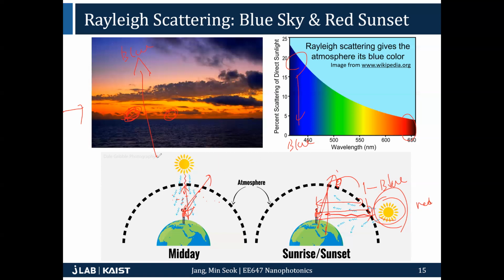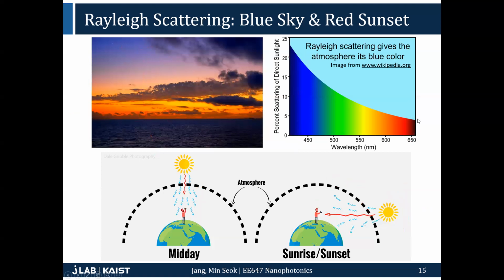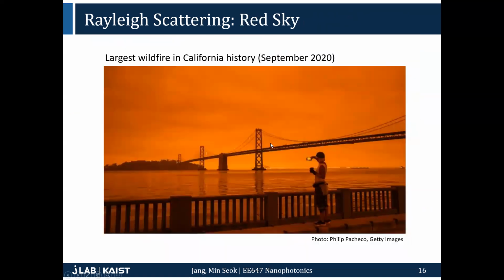Then if you look more directly at the sun, through more length of atmosphere, it becomes 1 minus blue, so that it's red, right? So that's how Rayleigh scattering works.